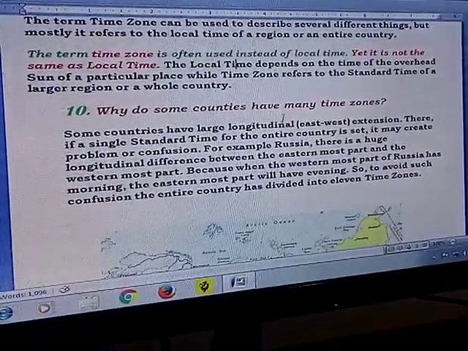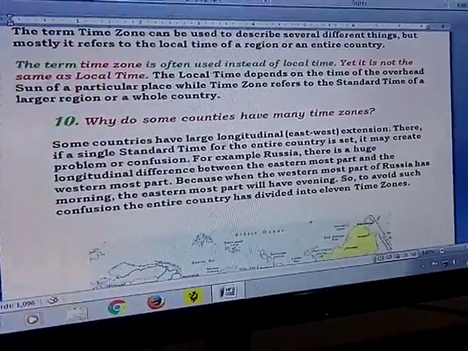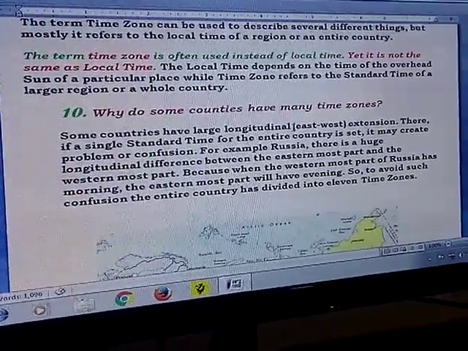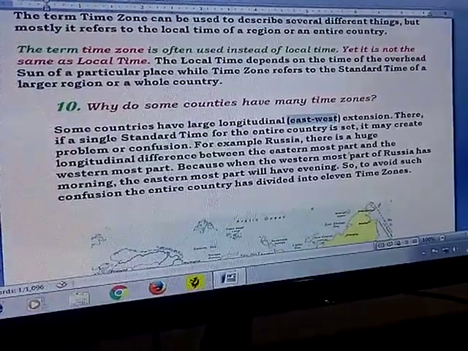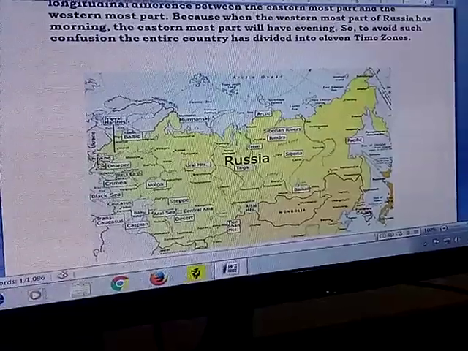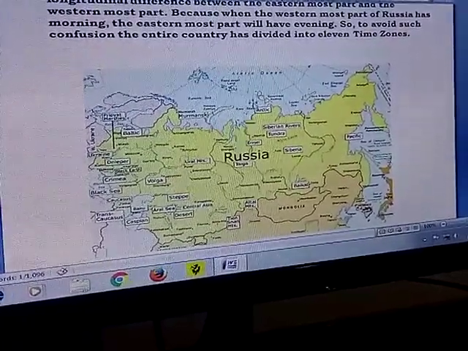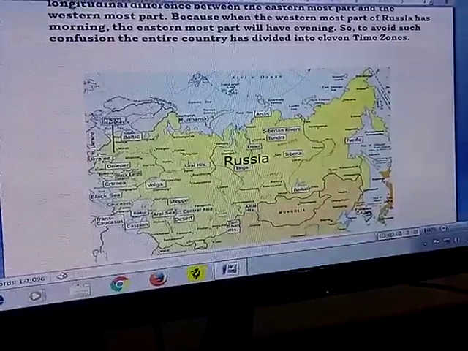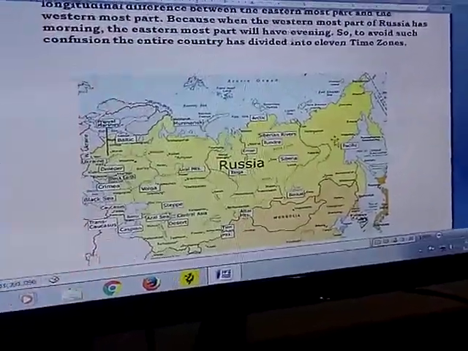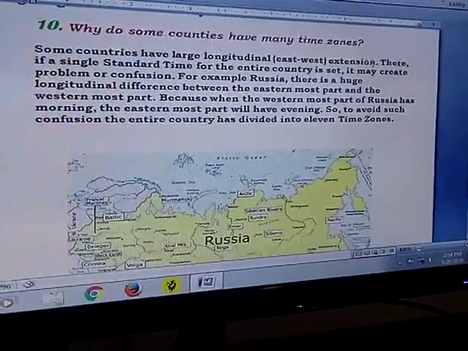Now, why do some countries have many time zones? Some countries have a large longitudinal east and west extension. That means this is east and this is west. So many longitudes are passing, and because of that the time is a vast difference.